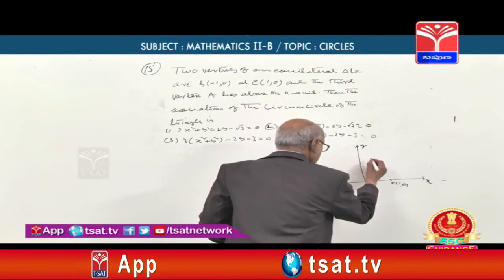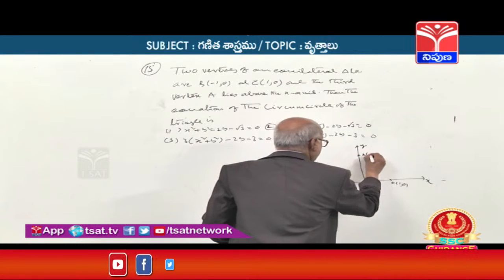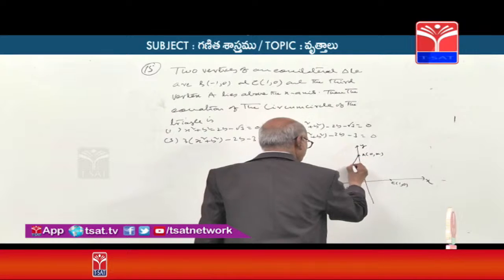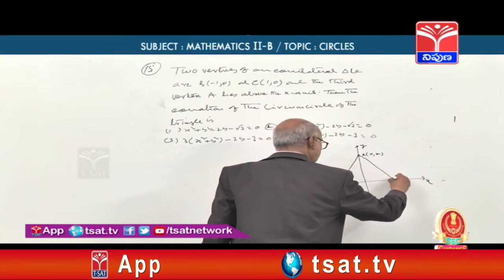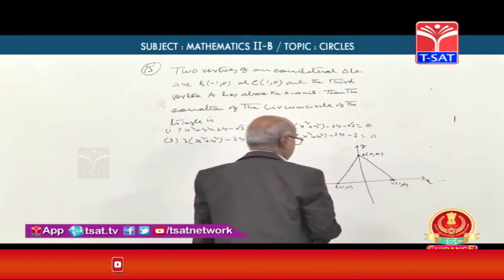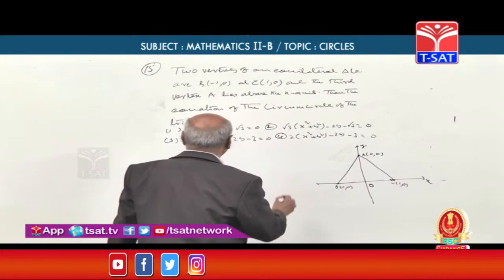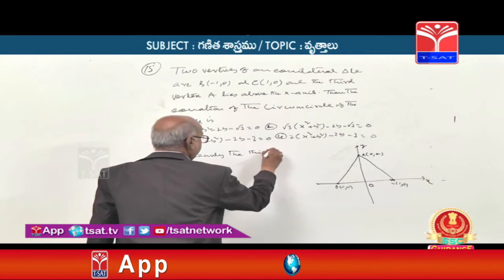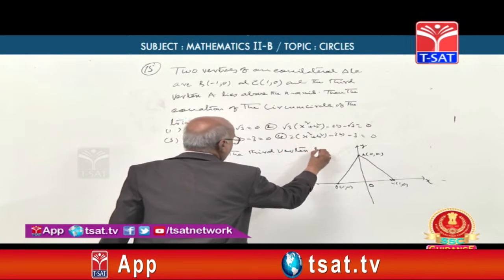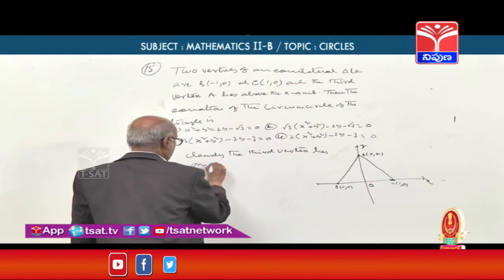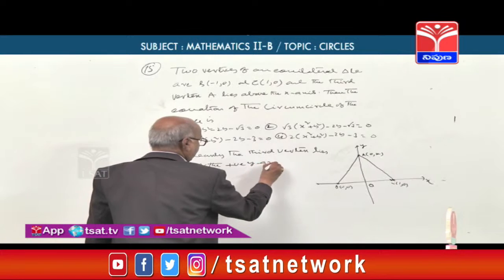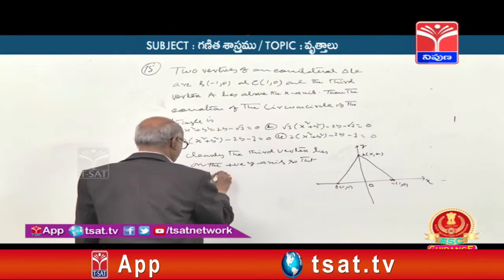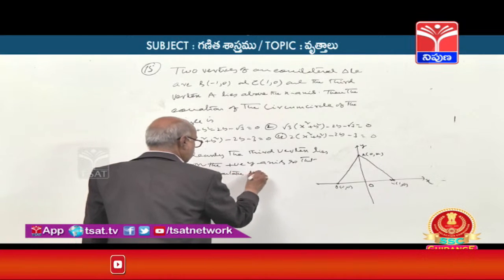So, therefore, the third vertex lies on the positive y-axis, so that we can take A is equal to some 0 comma k itself.